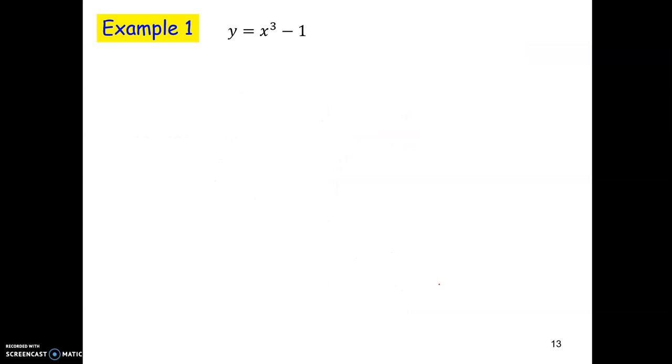So the first example, we have y equal to x cubed minus 1. So let us check what is the inflection point. So let's compare with y equal to a(x minus h) cubed plus k. So when we compare them, as you can see, this is 1, so a is equal to 1. (x minus h) cubed is equal to x cubed, which means that h must be equal to 0.